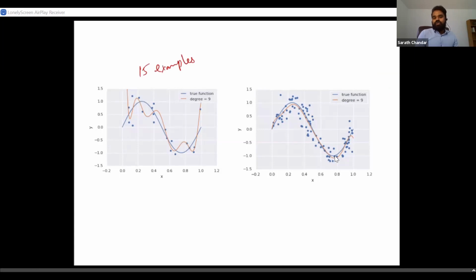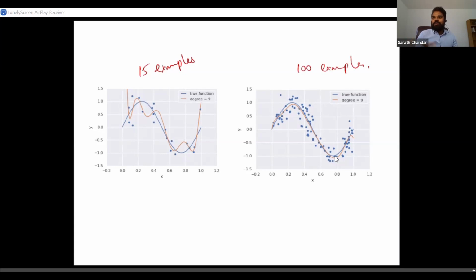The model is still far from the sine wave. But as I add more examples, on the right side I have 100 examples. When I have 100 examples, the 9-degree polynomial is almost close to a 3-degree solution. So now this looks like a sine curve, and it approximates the true function very well.